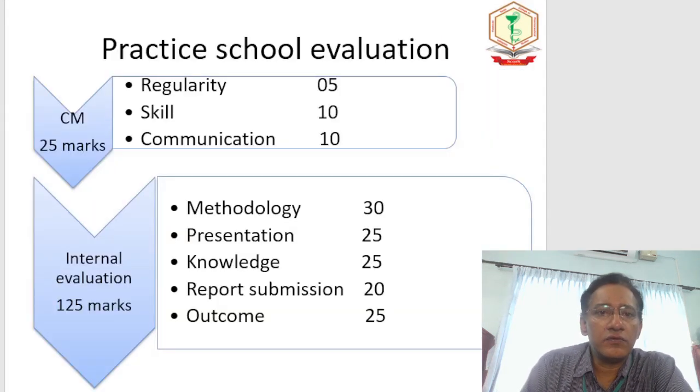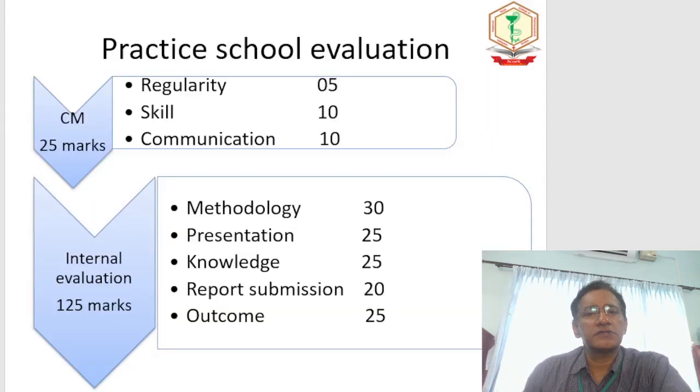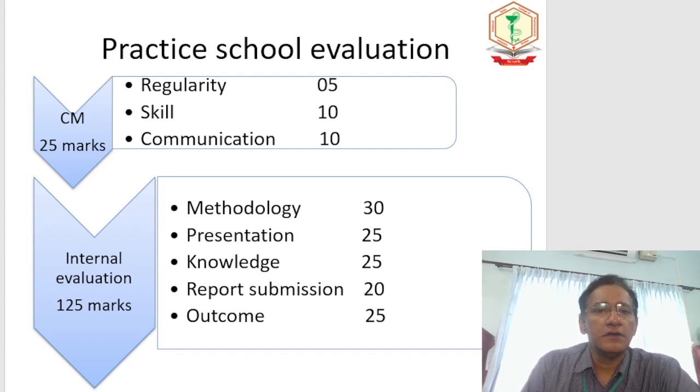Let's see how a student of practice school is getting evaluated. Here we can see continuous mode, which has 25 marks, and there is internal evaluation, which has 125 marks. The continuous mode comprises the regularity of this particular student, that is proper reporting of the student to the particular guide, and then skills, including communication.